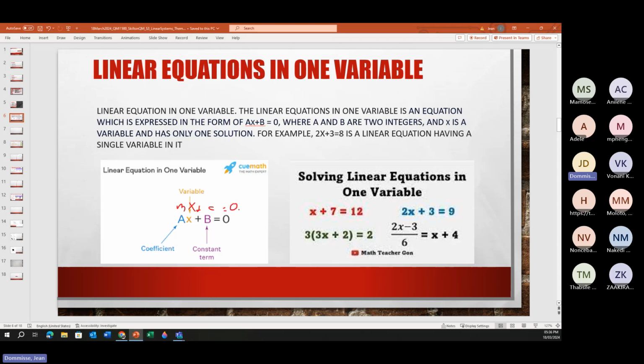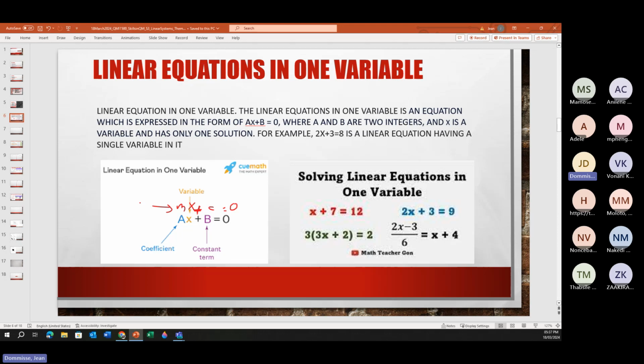In some instances they use the traditional a as the coefficient and b as the constant. If you Google linear equations and look at a YouTube clip or some other explanation, they might talk about mx plus c. So just be wary that there are two ways of representing that.